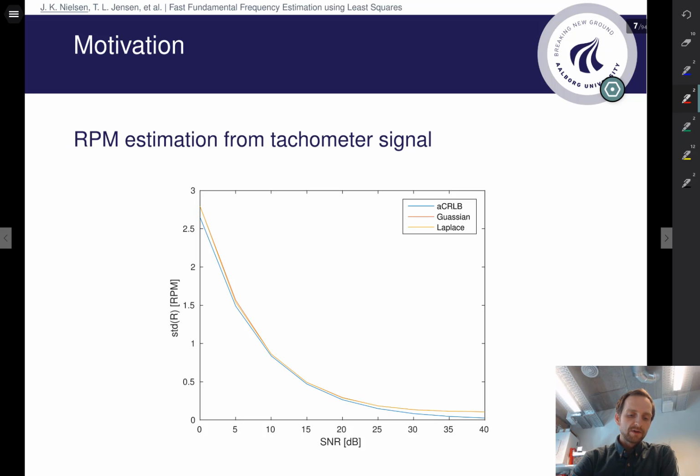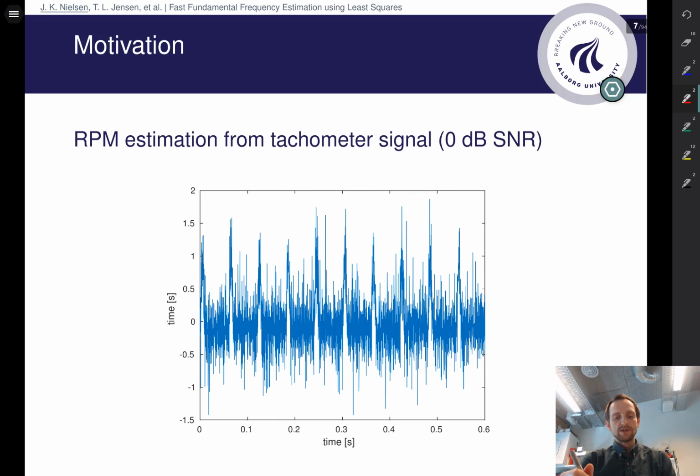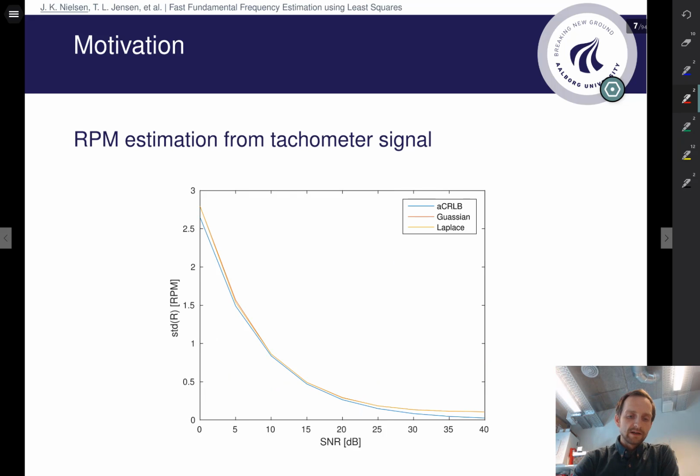And you can see here that even for 0 dB SNR, we could estimate the rotation speed of the engine to within an accuracy of 2.5 rounds per minute. So for this signal, if we had a good enough estimator, we could get the accuracy described here.